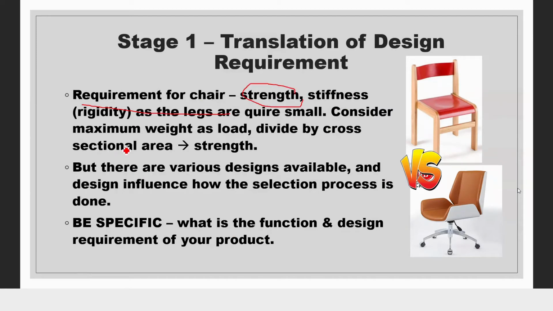So kita boleh kira maximum weight of a person as load divide by the cross sectional area, dan kita akan dapat minimum strength. Lepas tu kita kali dengan safety factor. Kalilah safety factor berapa? Sebab kita nak mengelak whoever sitting on this jatuh. Okay. Dan kerusi juga kita akan duduk berkali-kali.